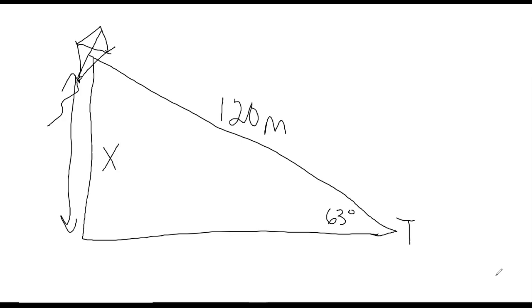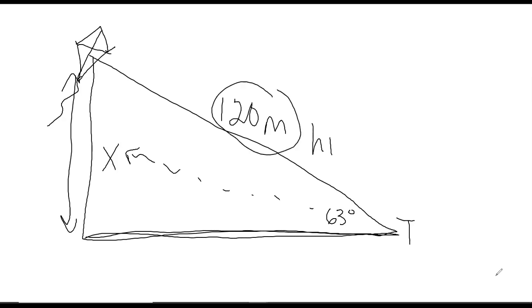Well, can we use our tangent ratio here? Tangent is opposite over adjacent. Do I know opposite over adjacent here? There's opposite, but here's adjacent. And it did not say that Taylor knows how far away they are. It says we know this. This is our hypotenuse.